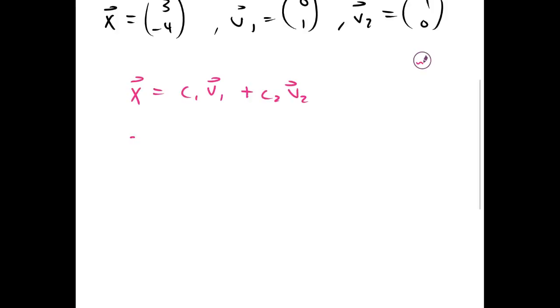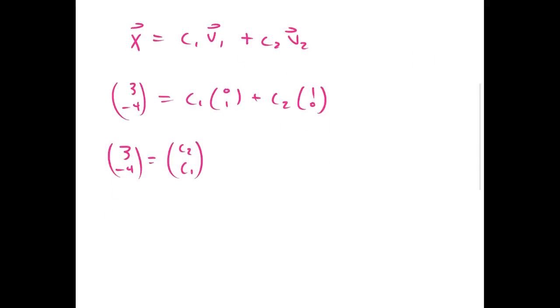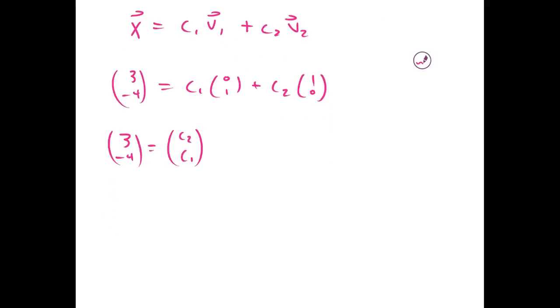So we just put in x, v1 and v2, and this ends up just being a system of equations. The system being pretty simple: 3, negative 4 equals c1, c2.